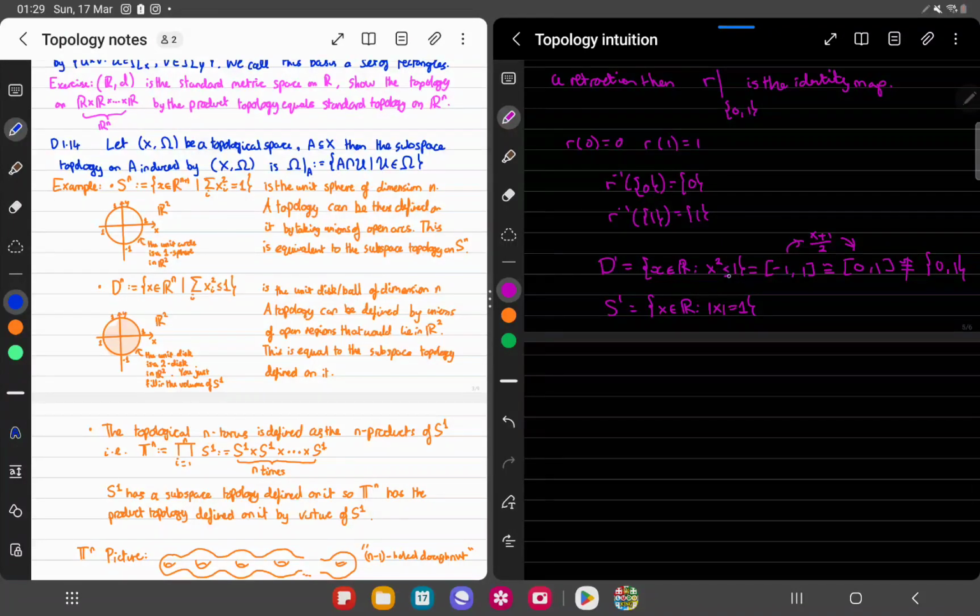I'm wrong. So if I do this, then this is just the set -1 to 1, which is homeomorphic by the same map, x plus 1 over 2, to the singleton 0, 1. But that's equal to that, literally.